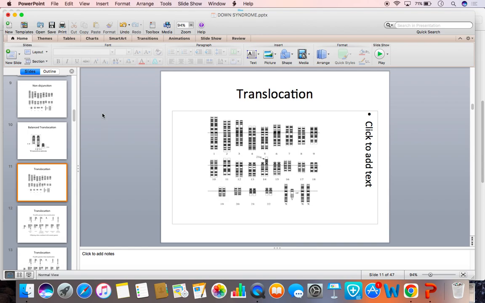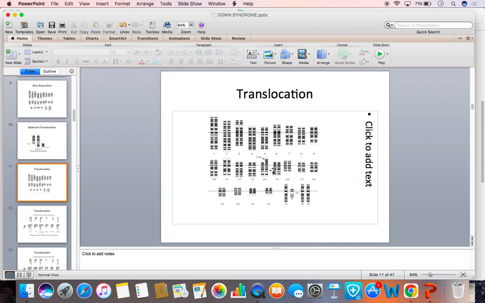Look at this karyotype. Here is the 21 chromosome. There is a pair of chromosomes here. Okay, chromosome 14 has got an extra copy of the chromosome 21, which is translocated from the 21 long arm onto the short arm of the 14 chromosome.